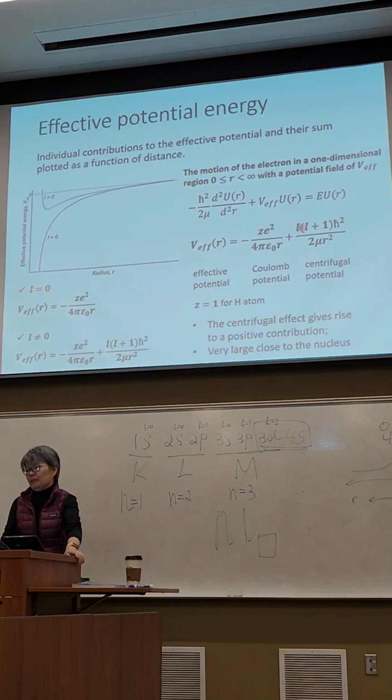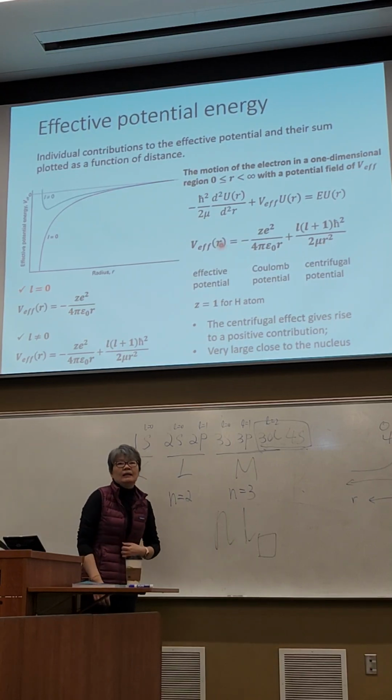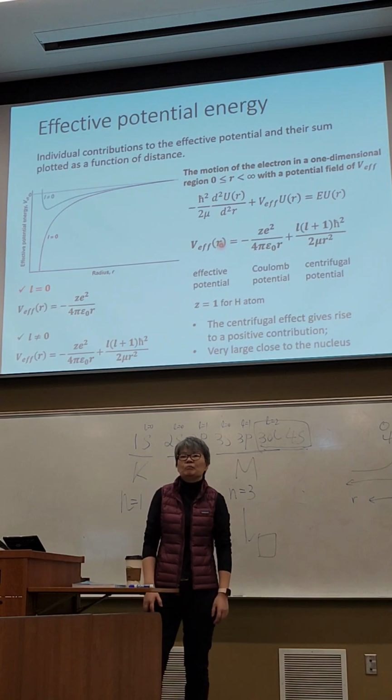The system has a potential energy, it's in the Coulomb potential, but through solving by separation of variables, we remove the radial component, including the angular component of the potential energy, and we group them together and then they become our effective potential.